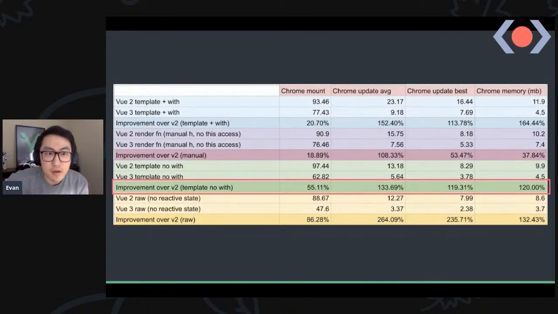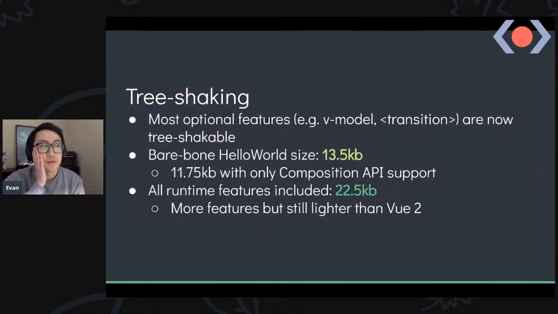This is a data grid from quite a while ago, but the column highlighted with the red border in green is what's most relevant to most users, because this is what you get when you pre-compile templates with the CLI and use a typical Vue component.